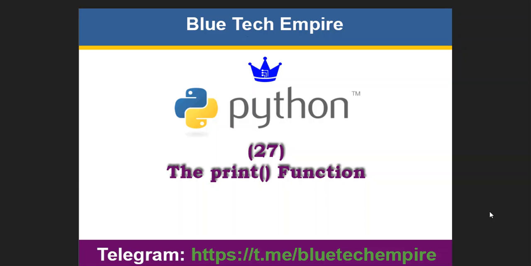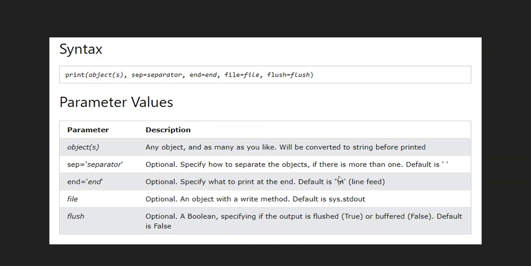We are going to be looking at two named parameters which are paramount to the print function, especially if you want to use it within a while loop or a for loop. You need to modify these parameters in order to print out what you want quite neatly. So we are going to be looking at the sep parameter and the end parameter. But first, let's look at the general syntax of the print function.